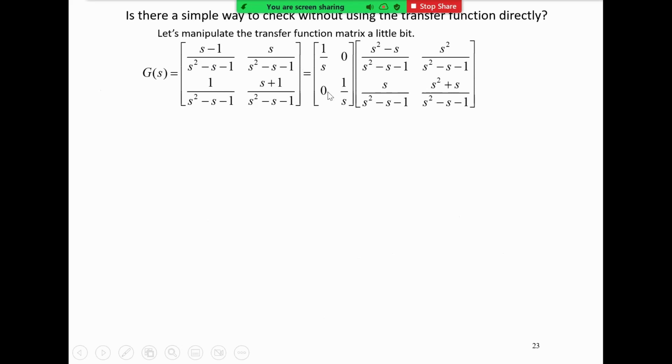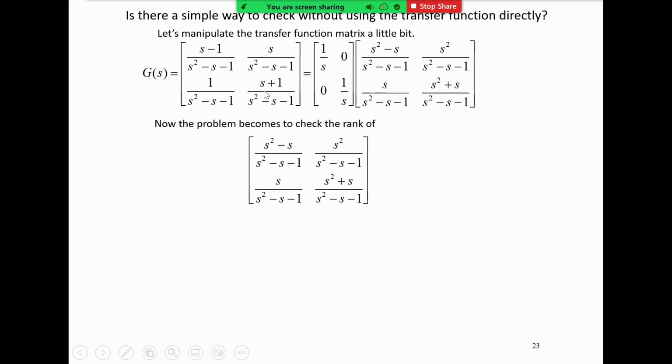For the second row, I also take out 1 over s, so all the terms will be multiplied by s. So this one has s, and this is s squared plus s. Now, remember, I want to check whether this matrix is non-singular. We already showed this is the diagonal matrix, so we just need to check whether this matrix is non-singular or not.